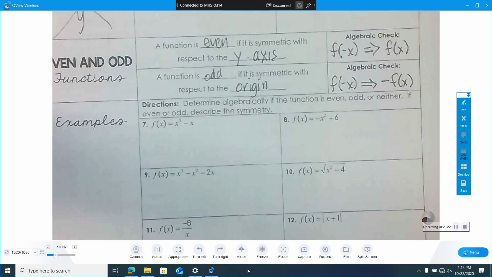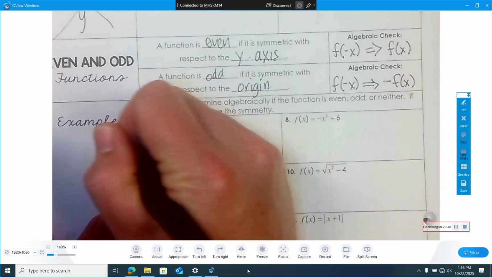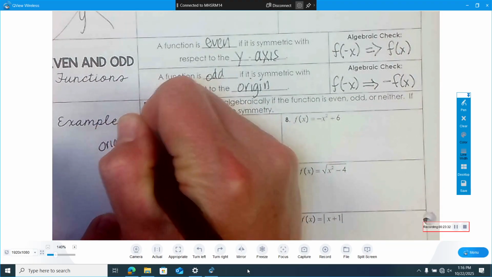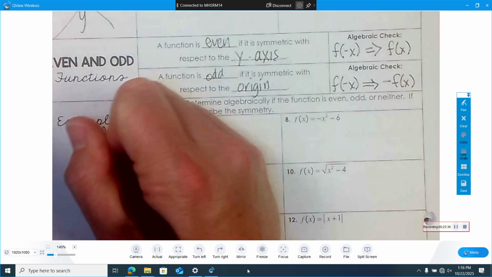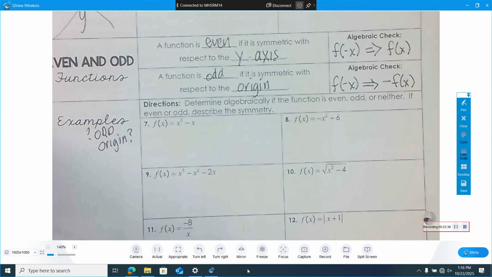So we're thinking origin? By looking at the graph, we think it's origin. So that's our question, symmetry. Oh, odd. So we think it's odd. So we want to know, is it an odd function? Is there symmetry about the origin?